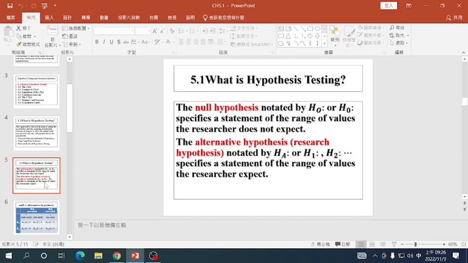What do you worry about? Less than 500, right? So you put the alternative hypothesis as: this bottle contains less than 500 cc. Okay?